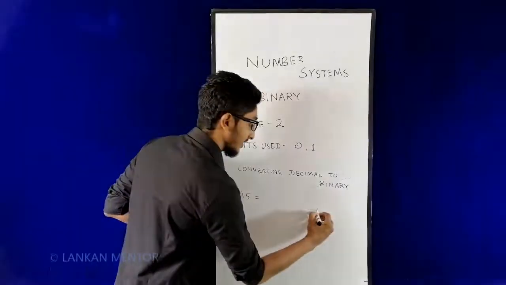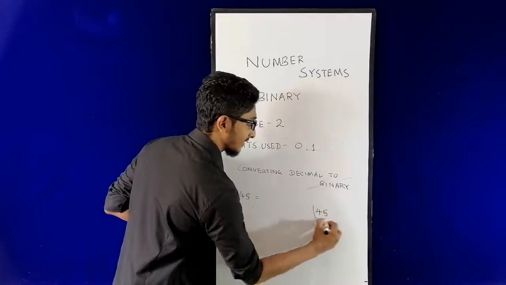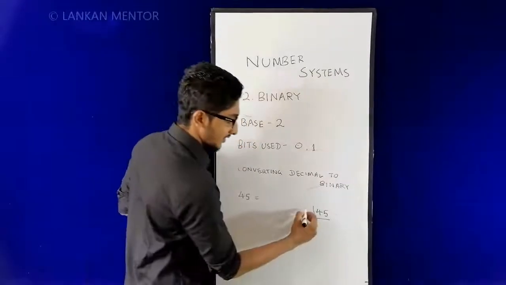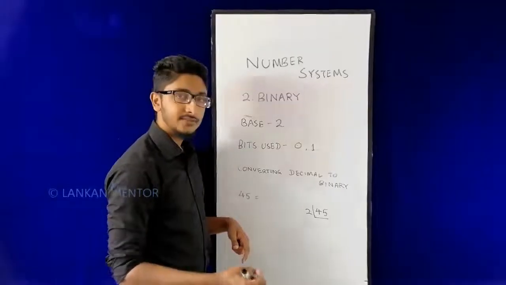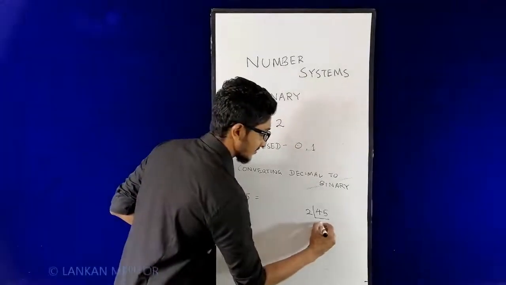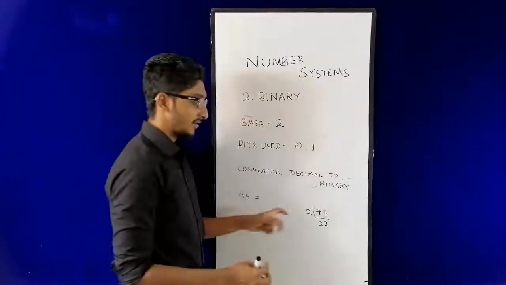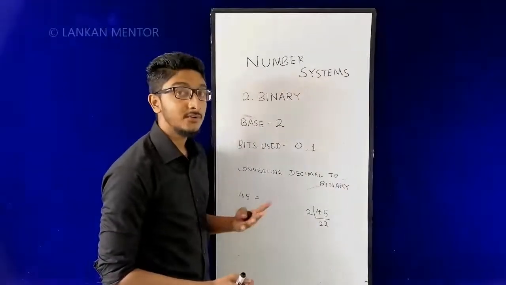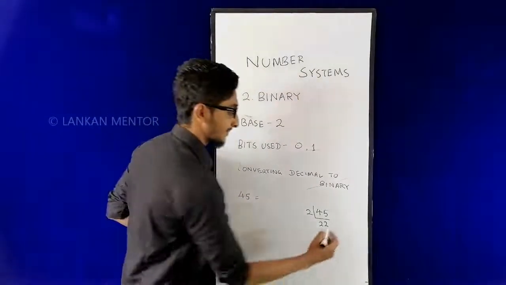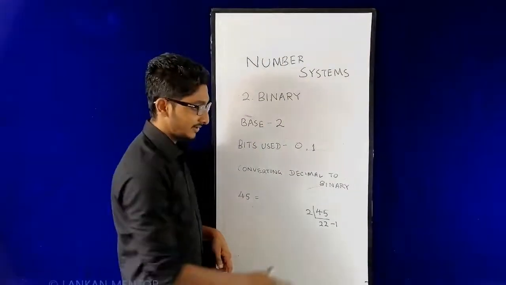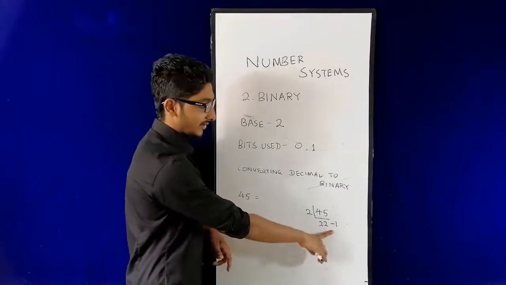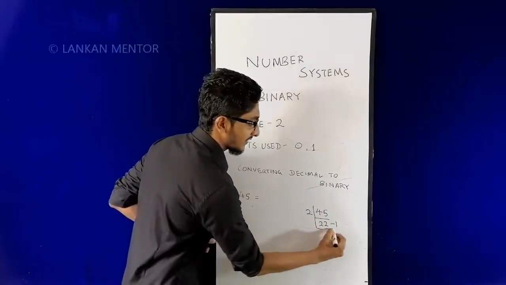We'll find out. You write 45 and divide it by 2. So how many 2s are there in 45? 22 comes over here. So 2 into 22, 44. So 1 remainder. Put that remainder here. After that, again you divide it by 2.